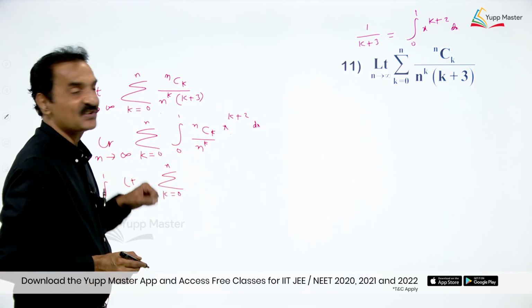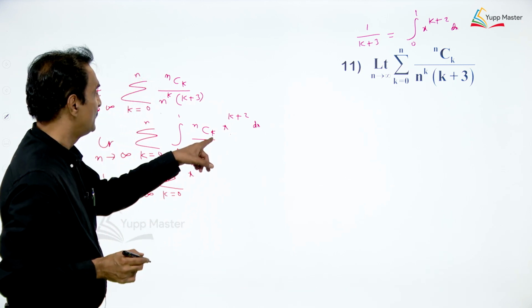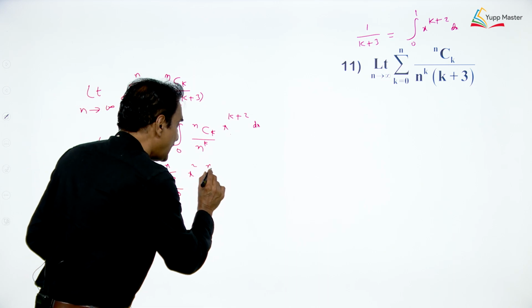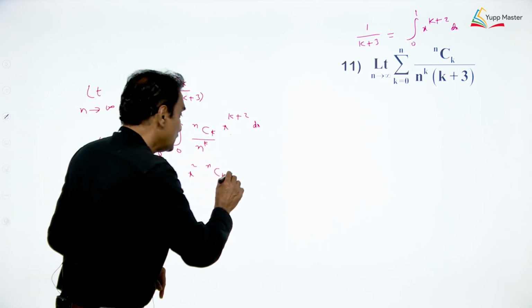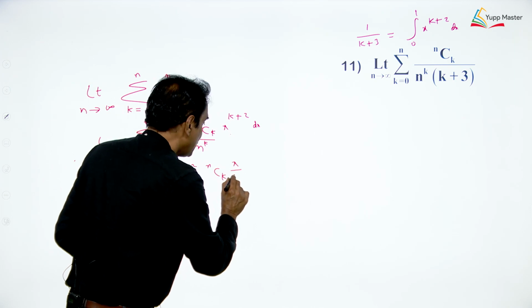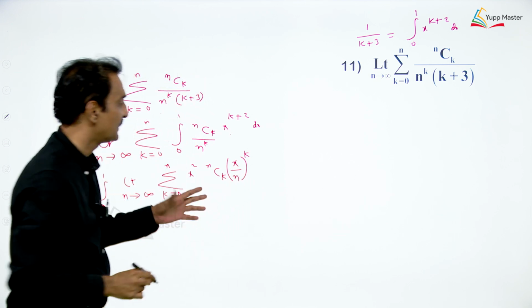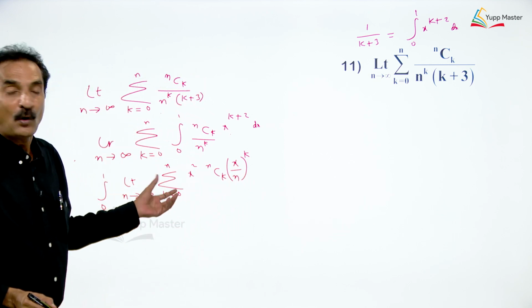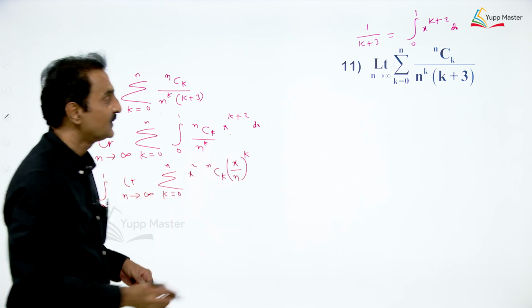If you separate x square, it becomes nCk into x power k by n power k, which is x by n whole power k. What is sigma nCr into x power r?